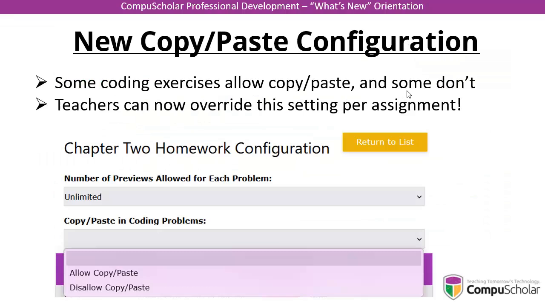In other activities, that feature is disabled. Naturally, teachers may want to change that default decision to either allow or prevent copying and pasting for local reasons. That is now possible by opening the assignment, clicking the Configuration button at the top, then selecting a setting in the Copy-Paste drop-down near the top of the page.